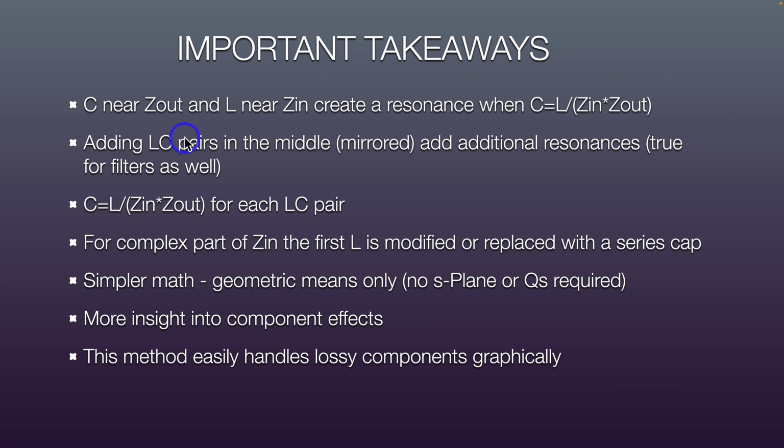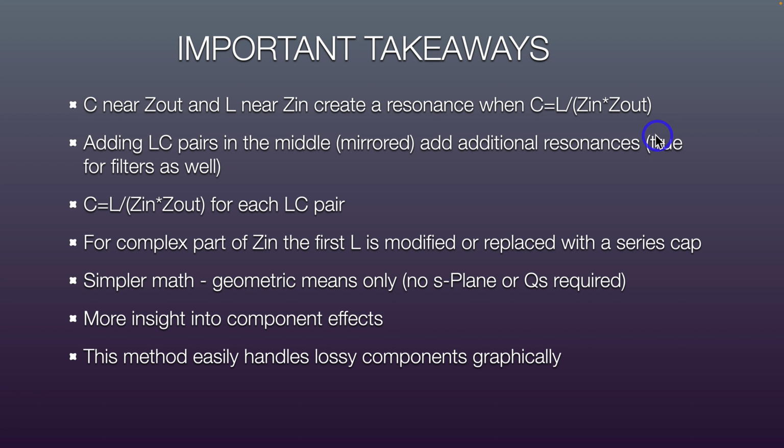The important takeaways are that C near the Z out and L near the Z in create a resonance whenever C is equal to L over Z in times Z out. So that's the starting point for a single LC match. Then we can add additional LC pairs in the middle, mirroring it each time you add another LC pair. That creates additional resonances.